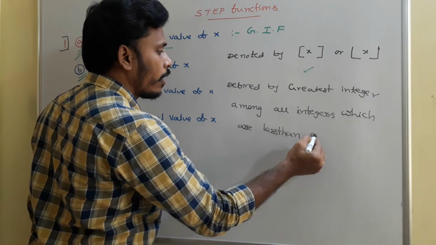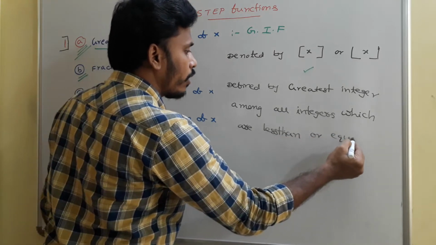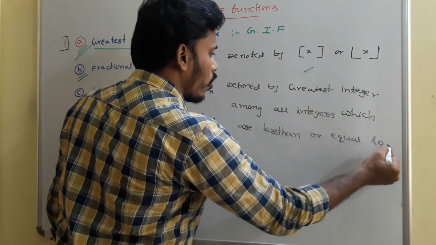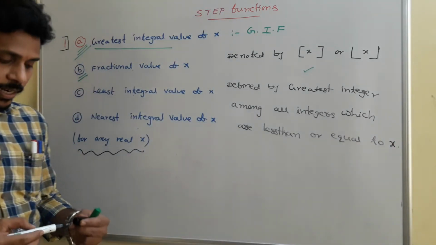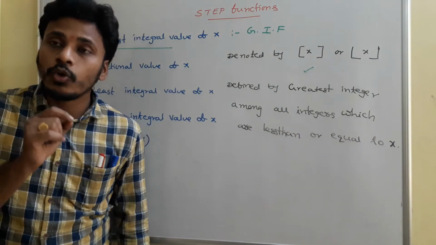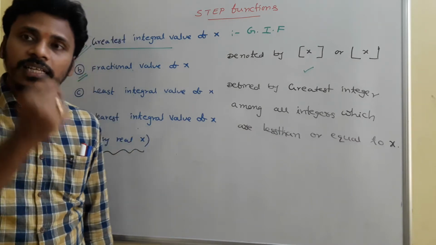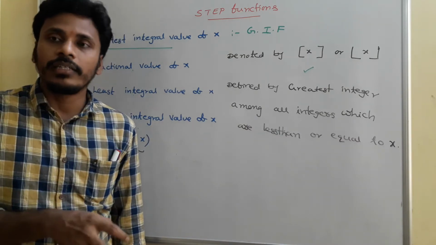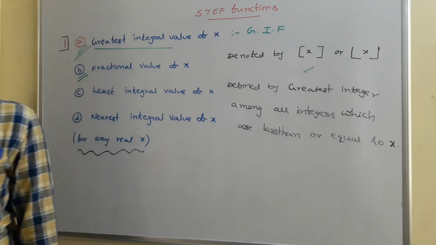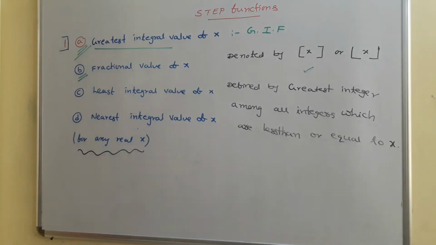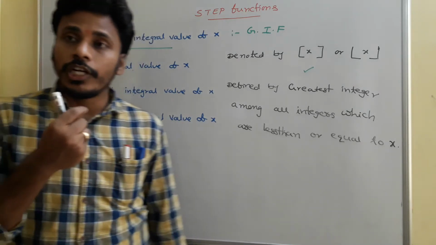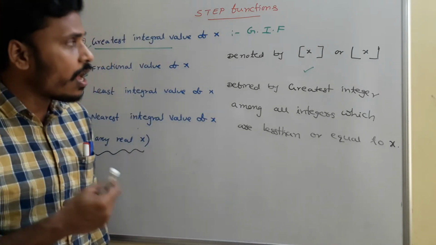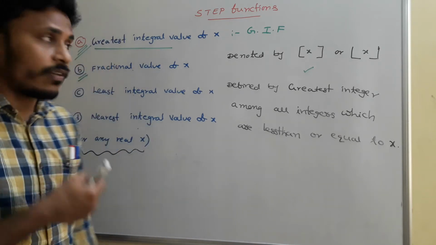That's the basic definition of the greatest integer function or the greatest integral value. We need to locate all the integers which are less than or equal to x, and among all those integers identify the greatest integer, and that is known as the greatest integer of x.